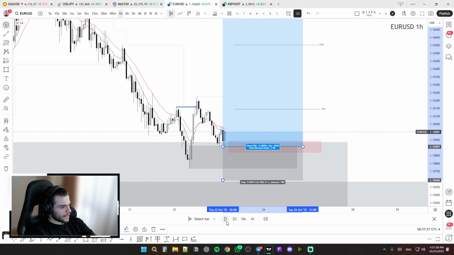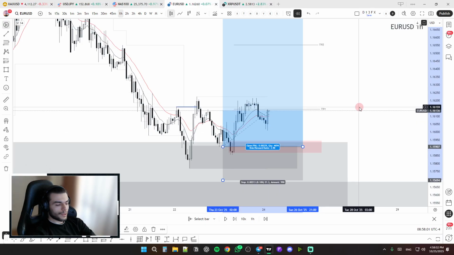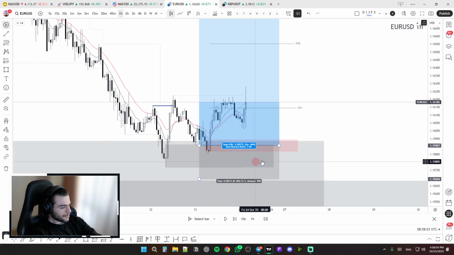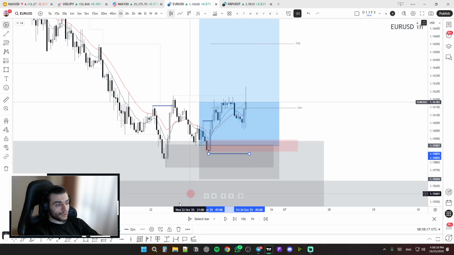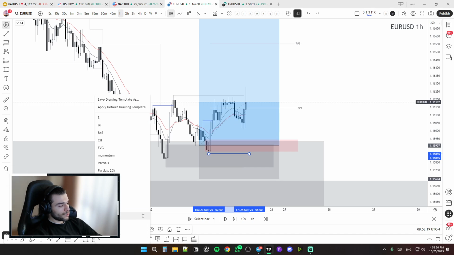It's already set and it goes. At this point, when it comes to management, after this breakout, it's already risk free, right?